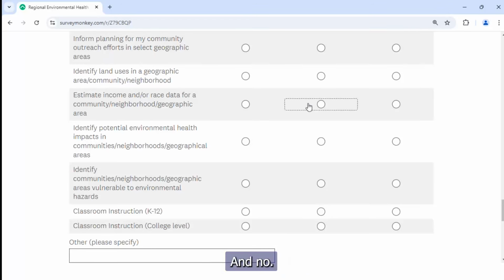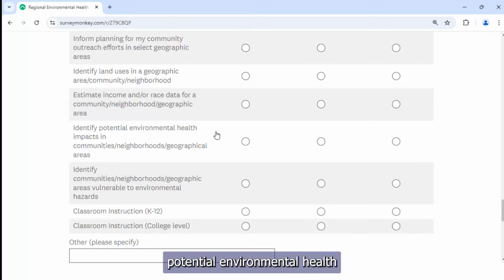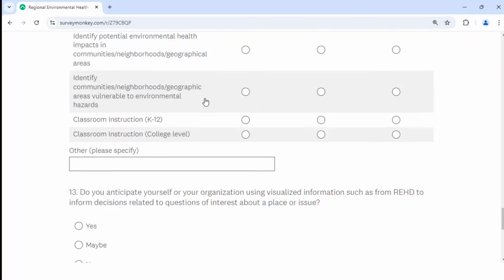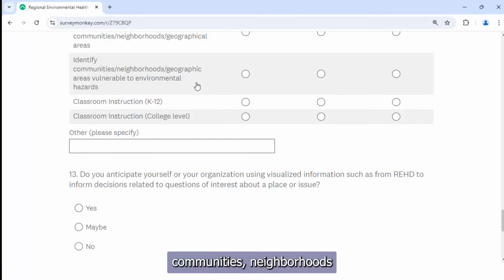Yes, maybe, and no. And next is identify potential environmental health impacts in communities, neighborhoods, and geographic areas. Yes, maybe, and no. And next is identify communities, neighborhoods, and geographic areas vulnerable to environmental hazards. Yes, maybe, and no.